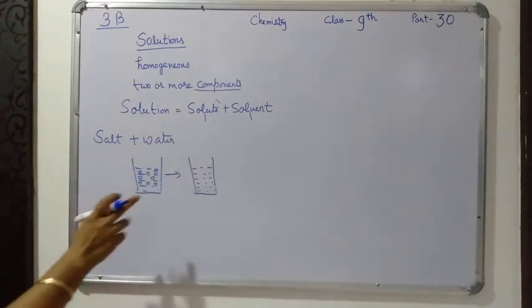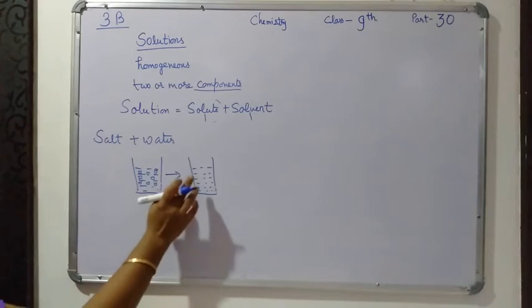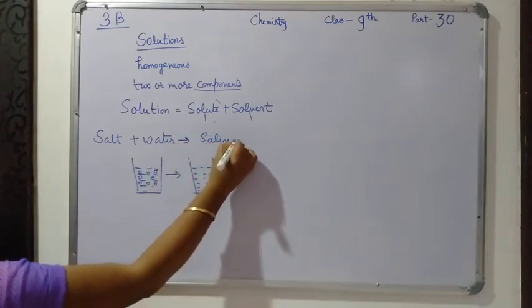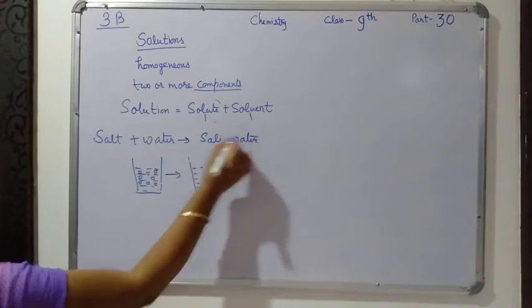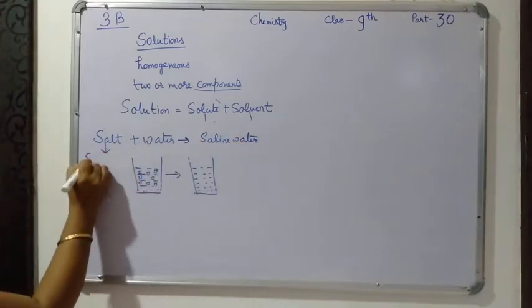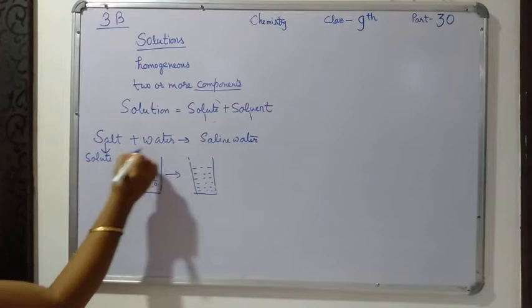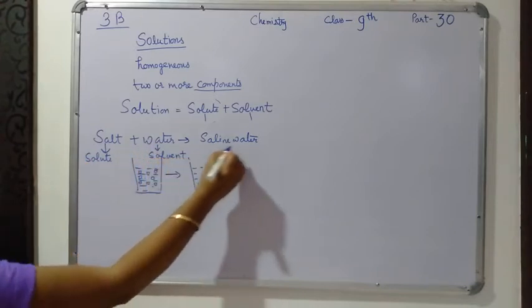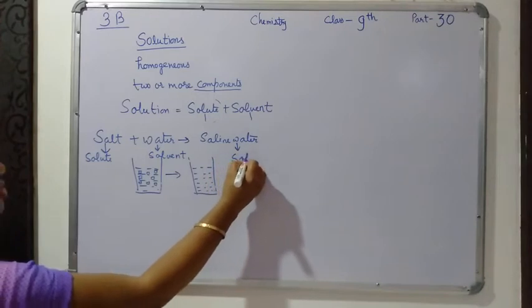You will get the saline water. In this saline water, the salt is called the solute. The water is called the solvent. And this saline water is called the solution.